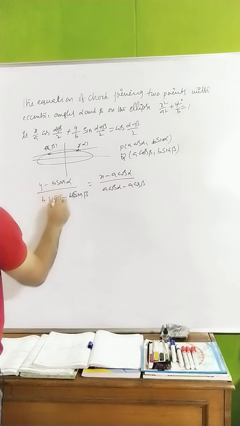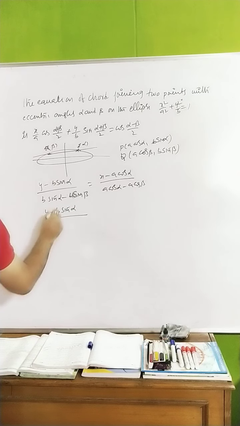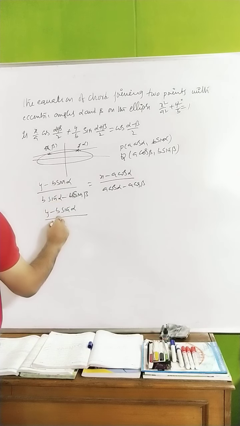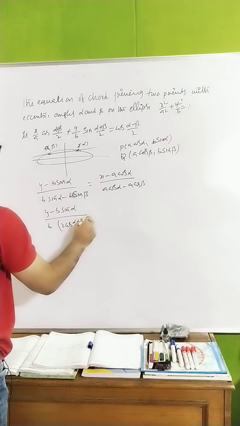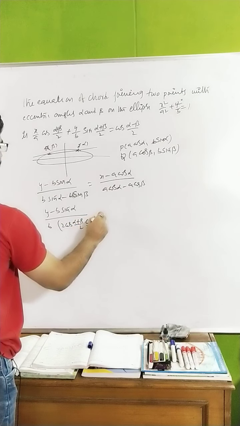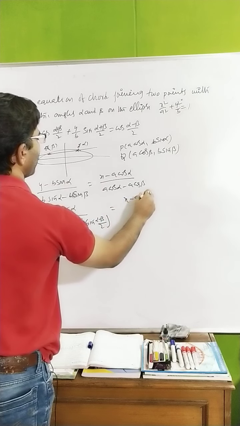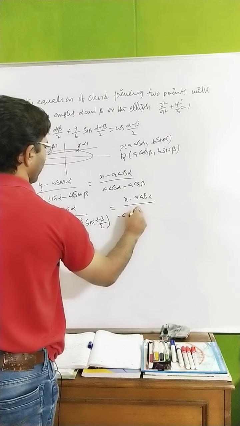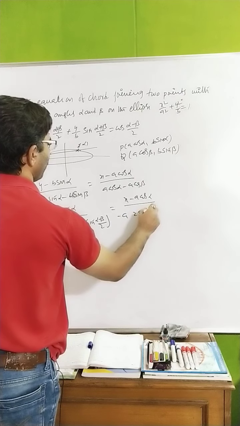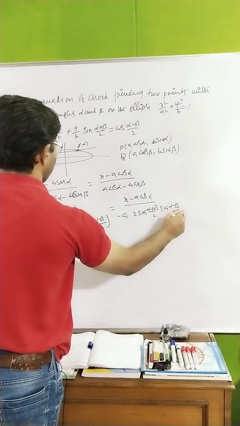So now here y minus B sin alpha divided by B into sin beta minus sin alpha, here I would like to apply the transformation: alpha plus beta by 2, sin alpha minus beta by 2. Whereas here x minus A cos alpha divided by A into minus 2 sin alpha plus beta by 2 and sin alpha minus beta by 2.